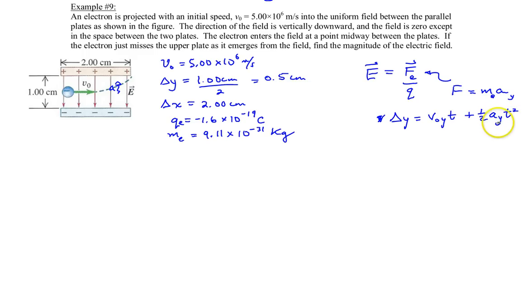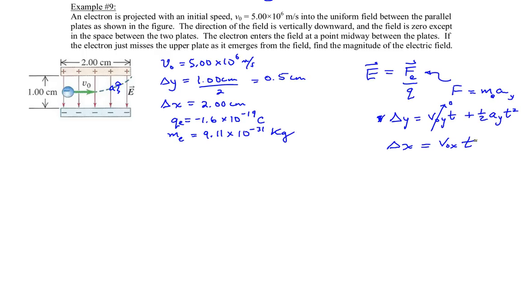So that will get us our vertical acceleration, assuming that the initial vertical velocity is 0 because it's projected horizontally. But to get that, we have to get the time. And that's where the horizontal distance comes in. Delta x equals the horizontal speed, v0x, which is actually v0, because it's completely horizontal here, times time.